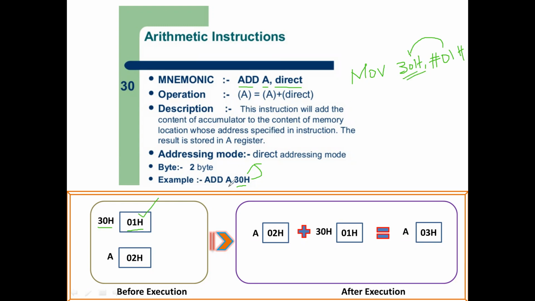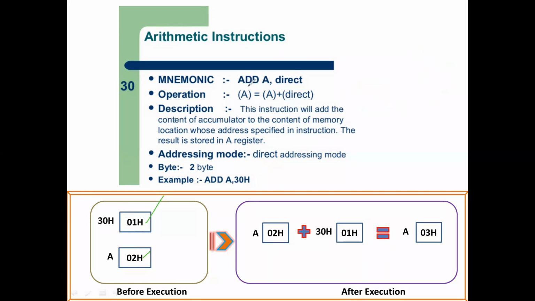So for the accumulator, just like the same, before this instruction we can have MOV A, comma, hash 02H. So now to the corresponding location and the corresponding register, I have loaded two values for my operation.